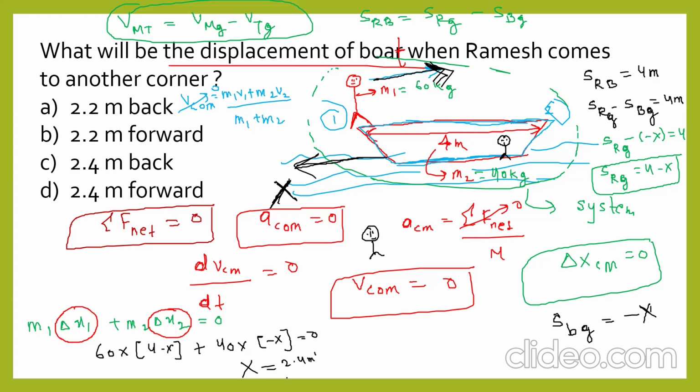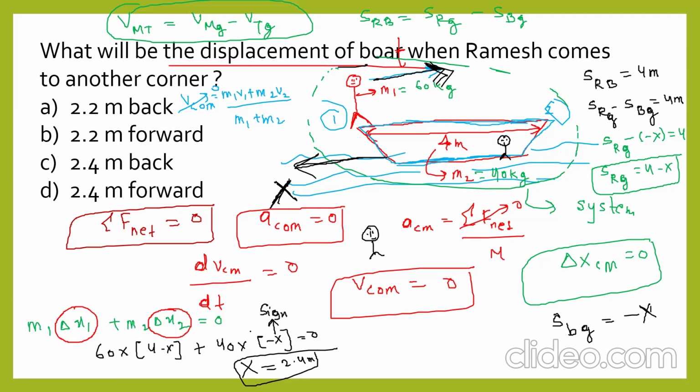2.4 meter. Plus means what? The boat is moving in the left direction, the person is moving in the right direction. Minus x. Already I have taken the sign. Did I take sign here?